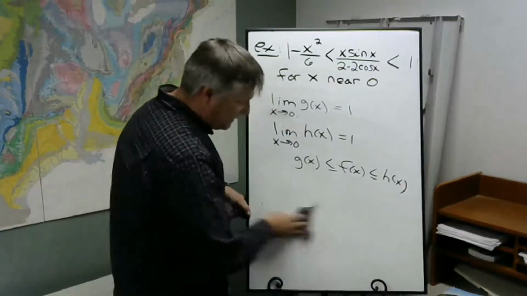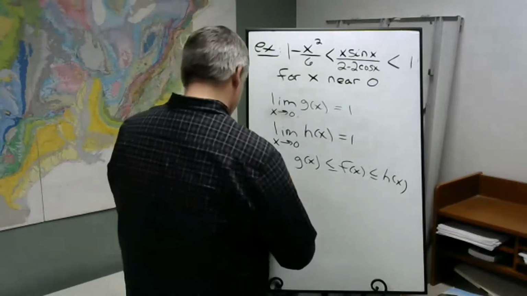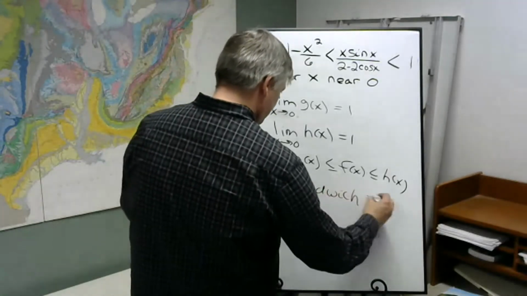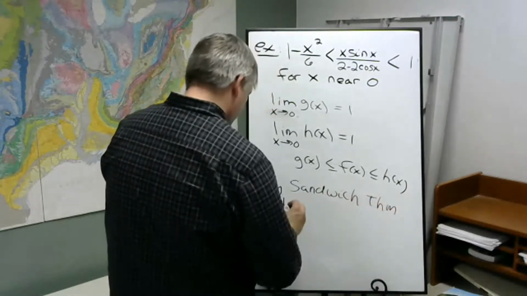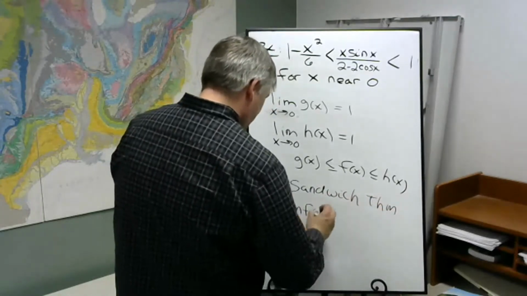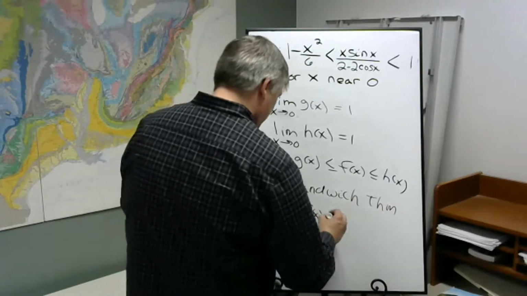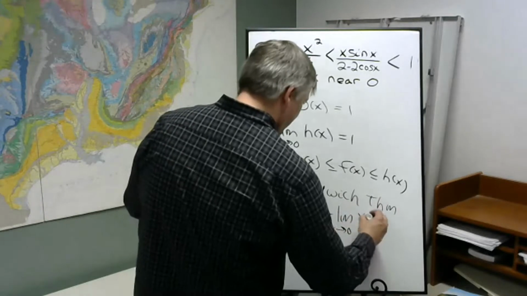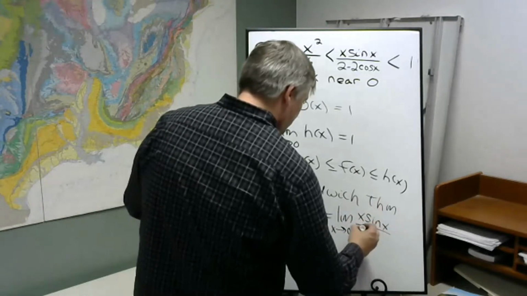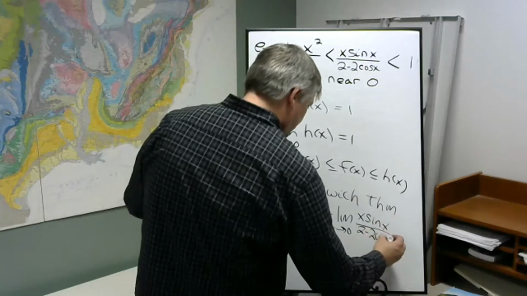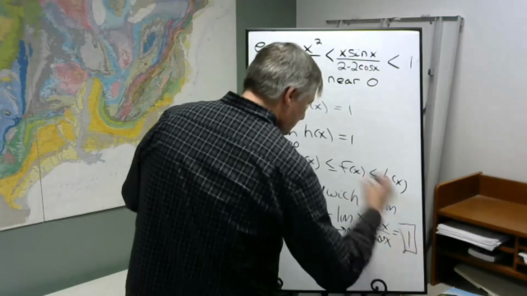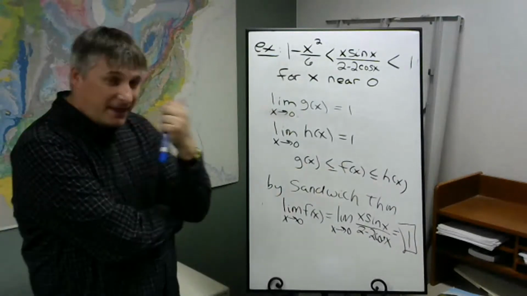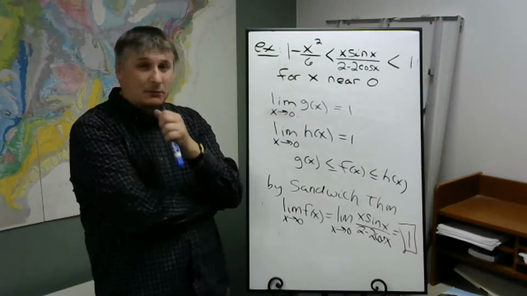So what this says, by the sandwich theorem, the limit of f of x as x goes to 0, which is the limit as x goes to 0 of x sine x over 2 minus 2 cosine of x, is going to be equal to 1. So that's the idea of the sandwich theorem.